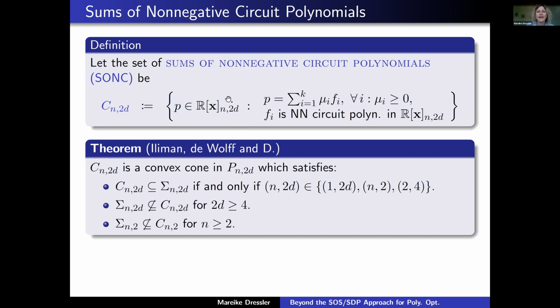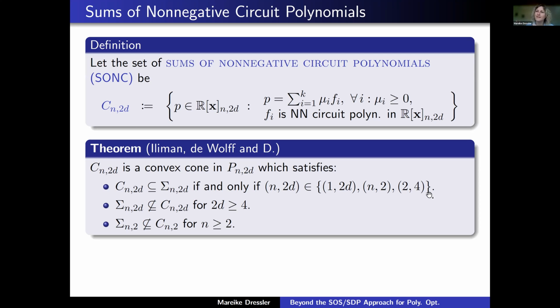And if we compare this SONC cone with the SOS cone, we see that these two cones intersect a bit, but they do not contain each other. To be more specific, the SONC cone only lies in the SOS cone in these three cases: the univariate case, the quadratic case, and this specific case for binary quartics.